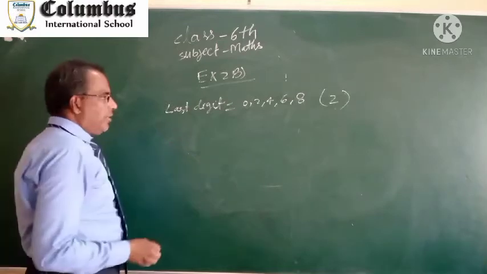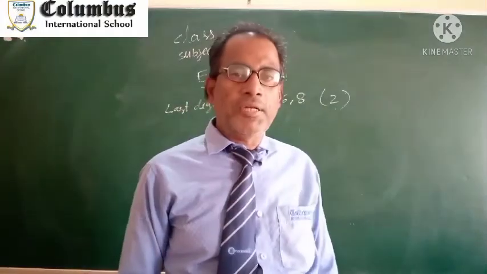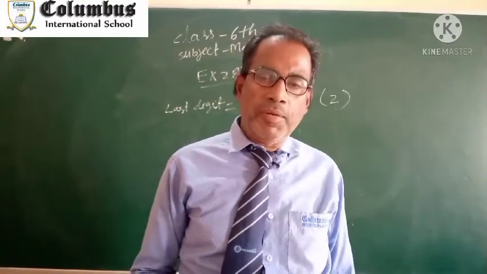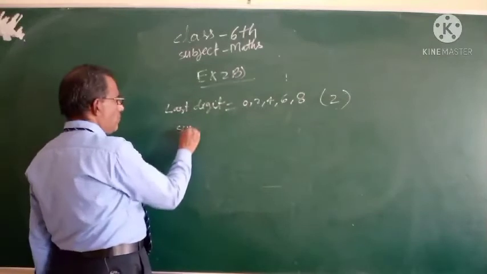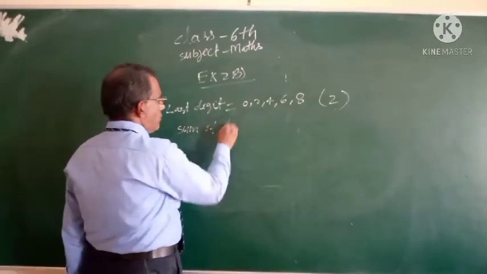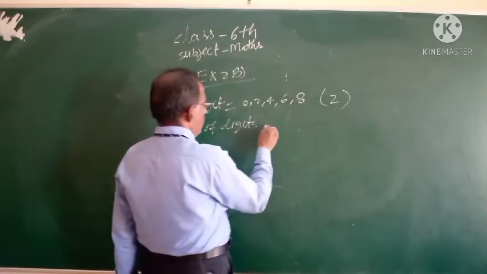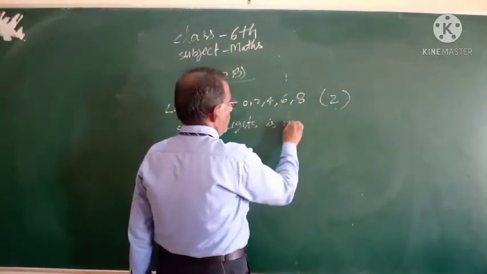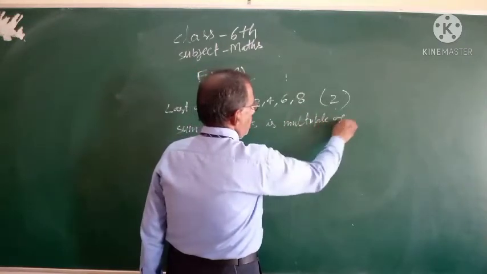For 3, if the sum of the digits of a number is divisible by 3, then that number will be divisible by 3. Sum of digits is a multiple of 3.